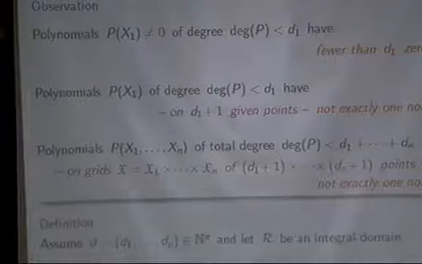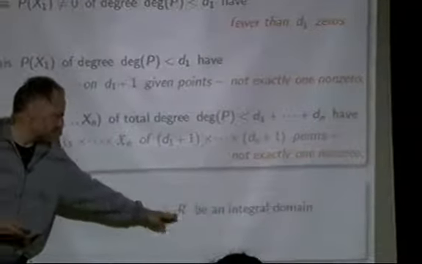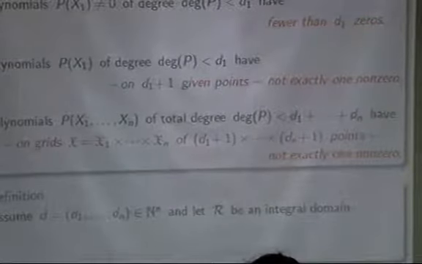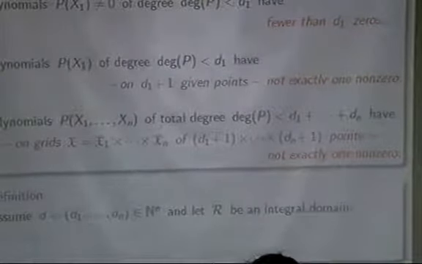So we have such a tuple of natural numbers, and I work here over an integral domain. An integral domain is always contained in a field, but for some reason I wrote here integral domain.